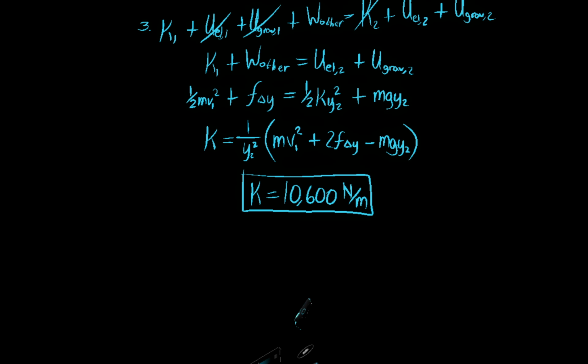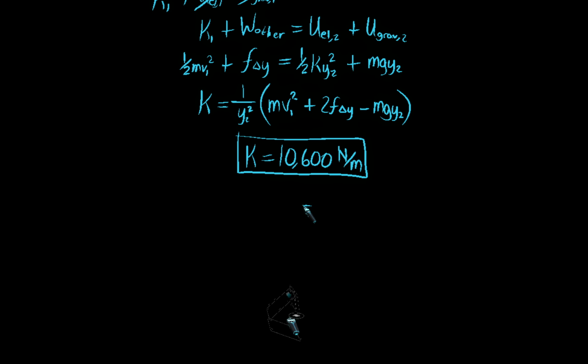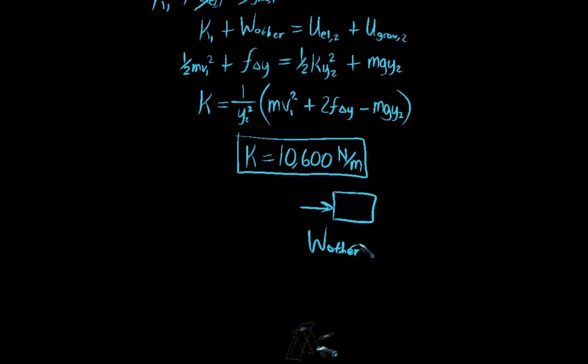All right, so that was a problem that had every category of thing, so it should give you a good template for doing all types of problems in this section. You might have multiple other forces doing work on the body, in which case you would have to find the total force vector that does the work on the body, right? So we just had that cable force, but you might have some push force acting on something, doing work that contributes to work other. You might have some friction force that's contributing to it. You might have some tension force that's contributing to it.